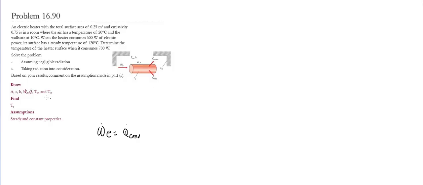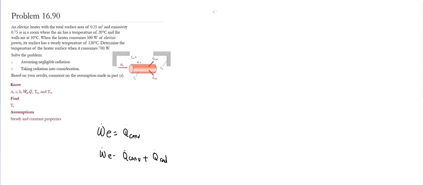For part B, we're going to use both radiation and convection. Therefore, the amount of electrical power is going to be equal to the amount of convection plus the heat rate lost by radiation.